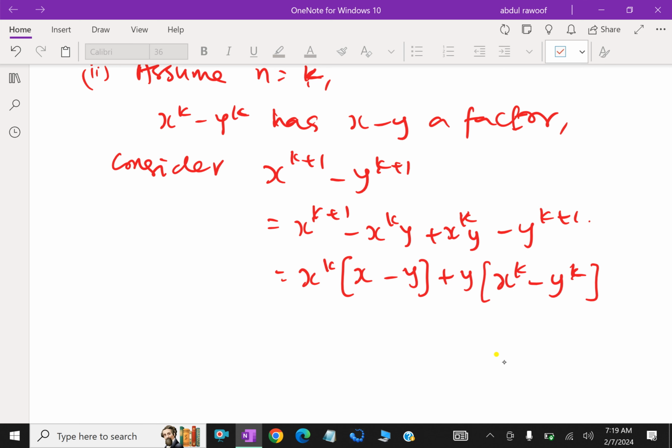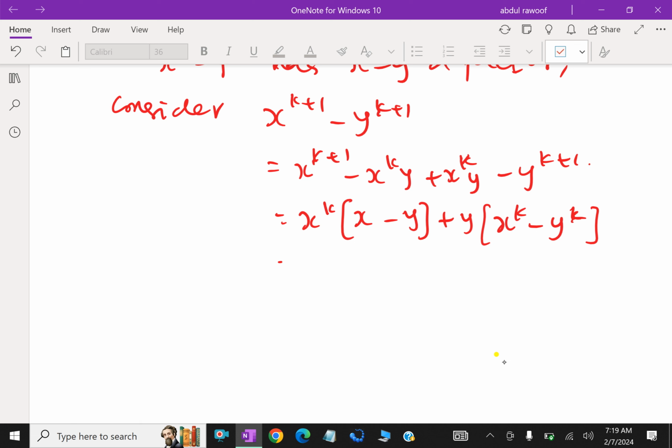Further factorizing, here the first term has x minus y as a factor, and the second term has x minus y as a factor.